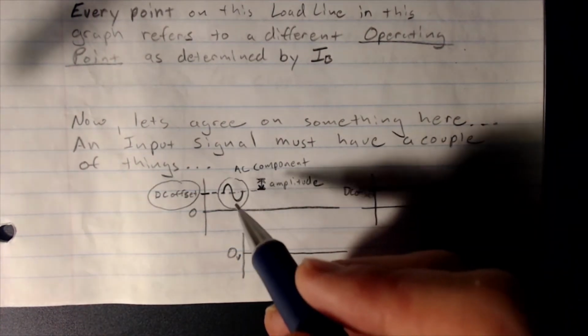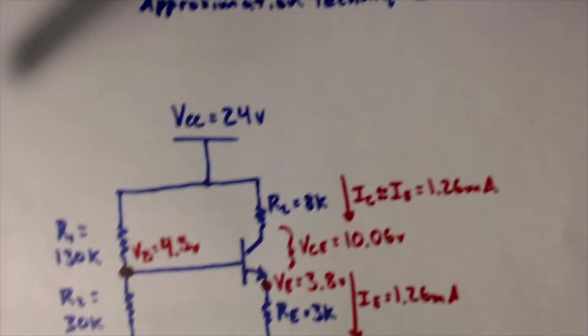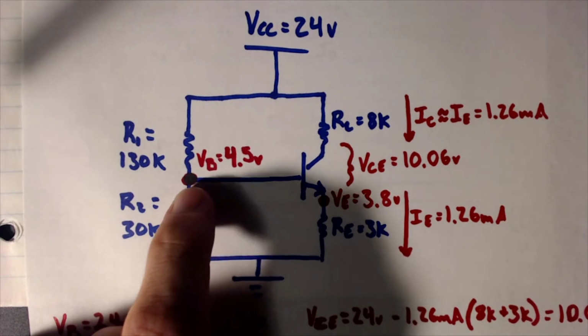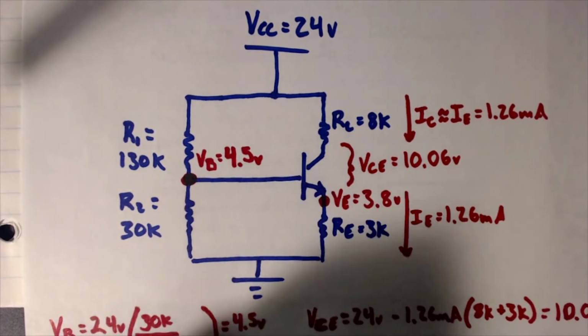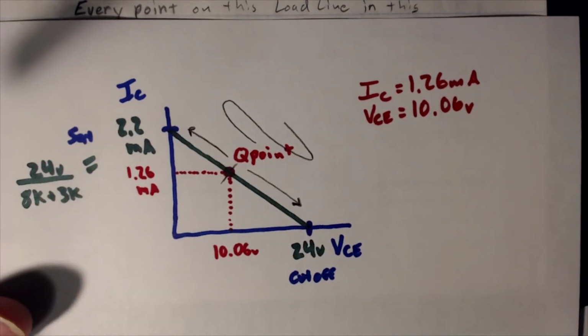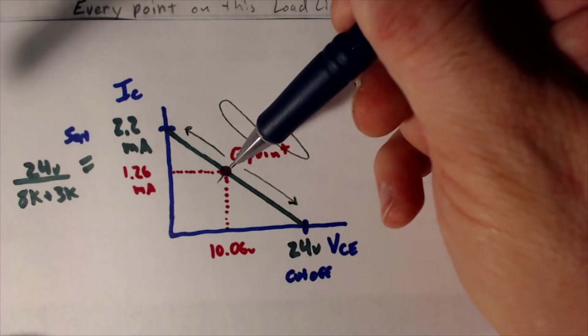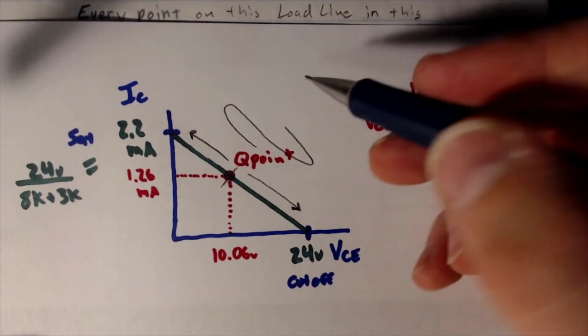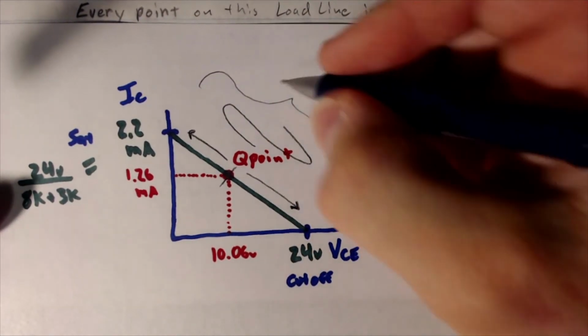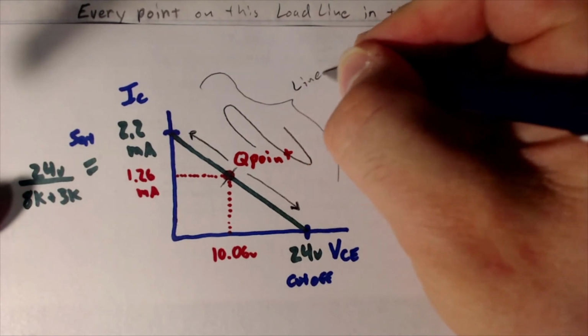You can think of that DC offset as being this value here. Where is it that we're starting at? Which, as far as the load line is concerned, puts us right in the middle of the linear region, right? Because this whole load line is representative of the linear region.